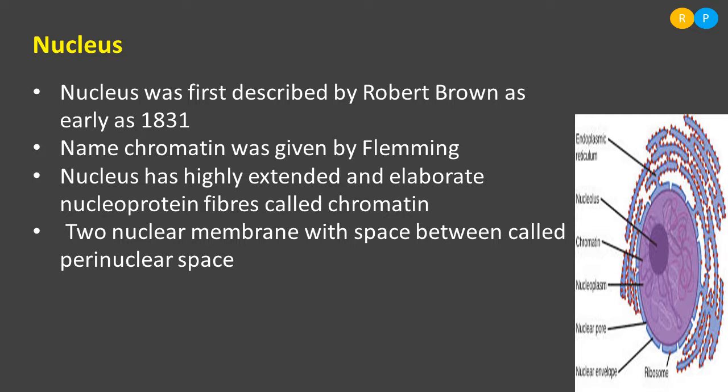So the movement of some materials from the cytoplasmic region towards the nucleus takes place through the nuclear pore. This pore helps in the movement of protein as well as RNA between the cytoplasm and nucleus. So this is the region that helps in the exchange of material between the cytoplasm and nucleoplasm.